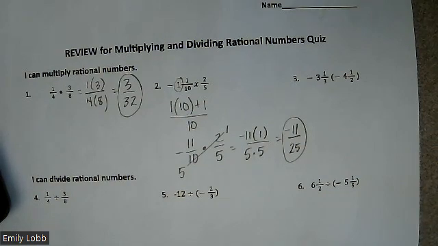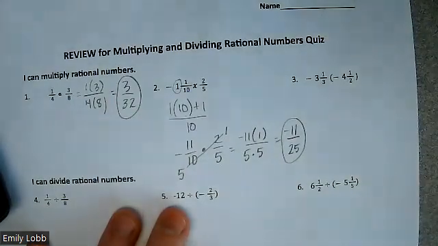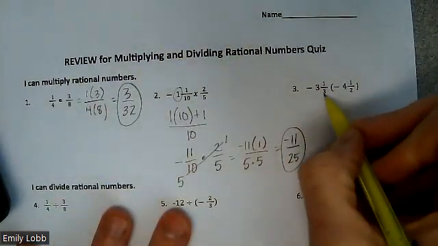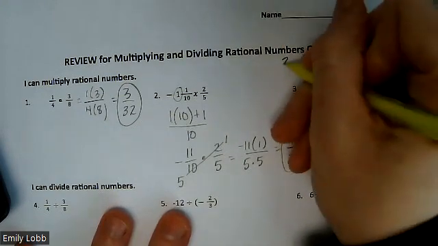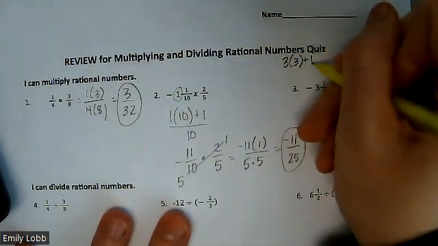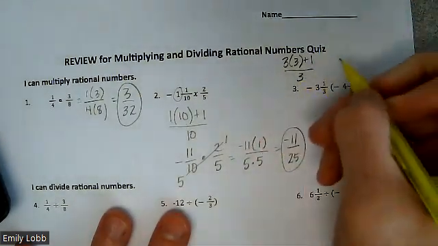Now here we have 2 mixed numbers. I'm going to use this space up here because I have to change these both into improper. So I'm saying whole number times the denominator, 3 times 3, plus the numerator, all over the denominator.